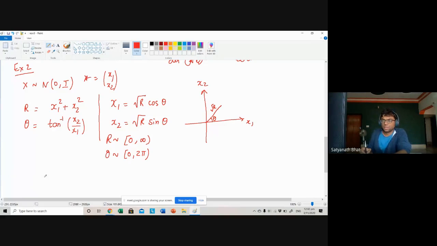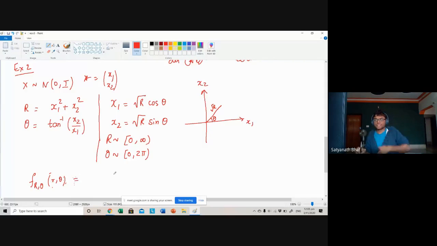Now everything is done. So we can now actually do f of y1, y2. Oh, sorry, it's not a y anymore, right? So this is f r theta of r and theta.